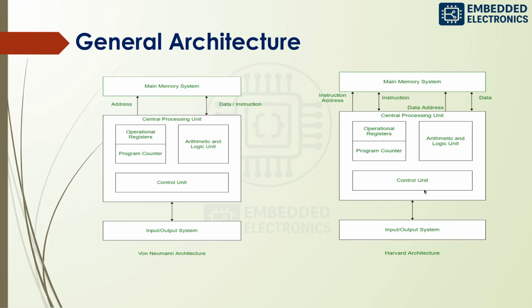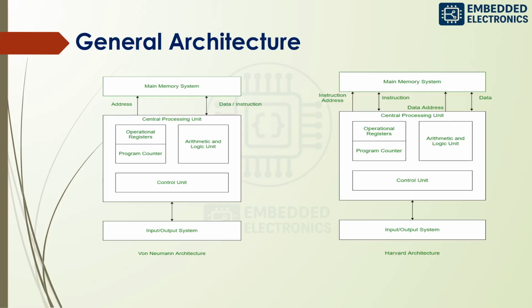We use other hardware facilities also, and the cost is also high. The concept calls for two sets of memory and two separate buses, so implementation costs are comparatively higher than von Neumann architecture.